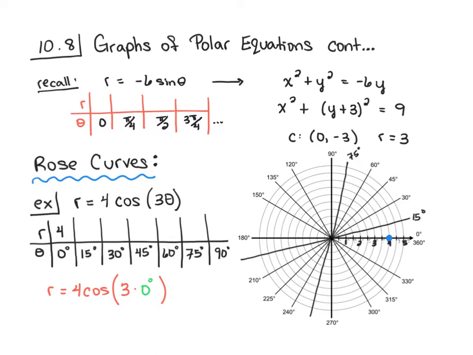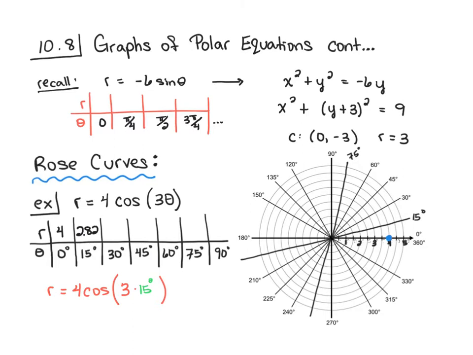So I'm going to get rid of this 0 degrees here, just trying to conserve space, and I'm going to plug in 15 degrees. So 3 times 15 puts me at a cosine of 45 degrees. Cosine of 45 degrees is square root of 2 over 2. Now this I am going to use my calculator for. So I am going to figure out that the square root of 2 over 2 times 4 is about 2.82, just so that way I can plot it on my graph.